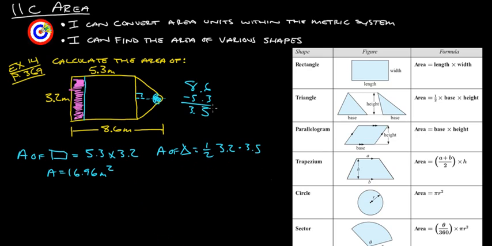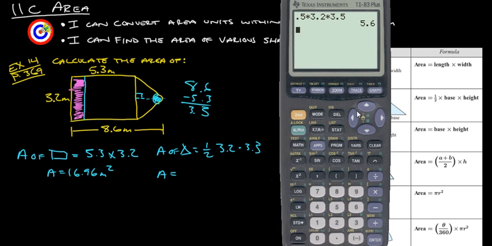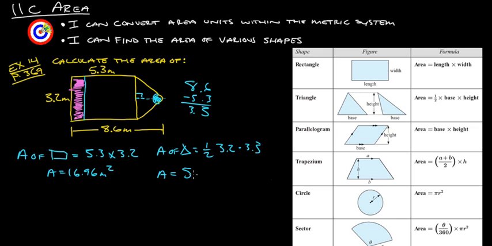Should be 3.3. So let's try that again. So we got 0.5 times 3.2 times 3.3, and we get 5.28 instead.